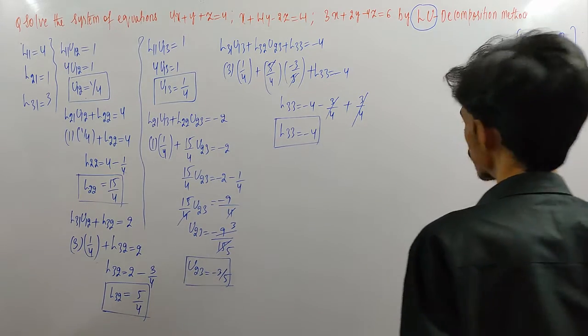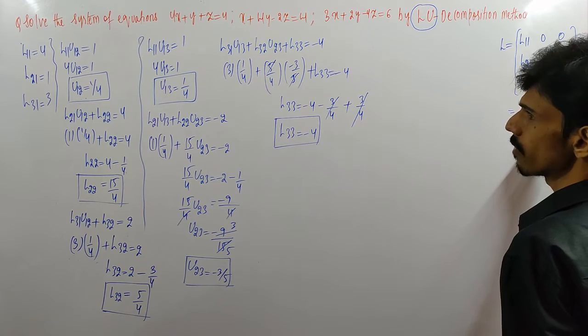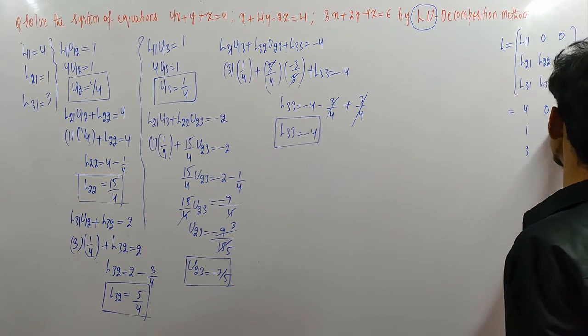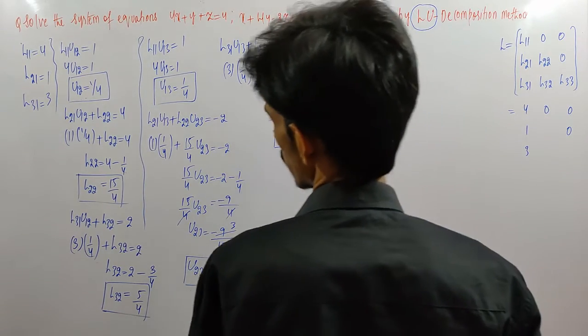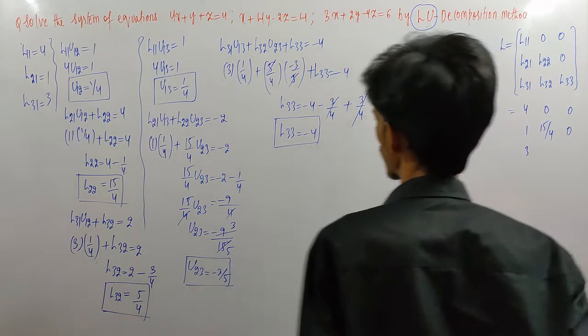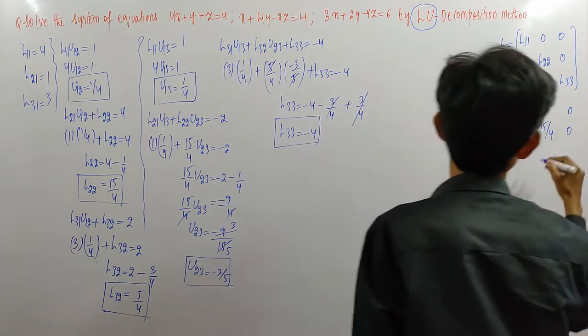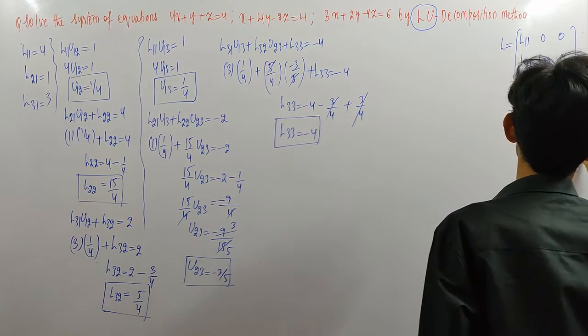We got all the elements. L11 value is 4, L21 value is 1, L31 value is 3. Next we have 0 0 0 here. L22 value is 15 by 4. L32 value is 5 by 4. L33 value is minus 4.